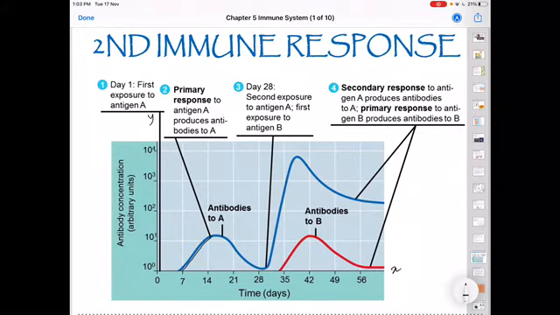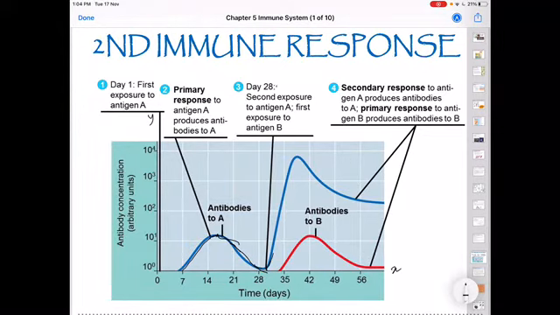The antibody concentration is high at this peak, and then they will reduce. The primary response to antigen A produces antibodies to A.